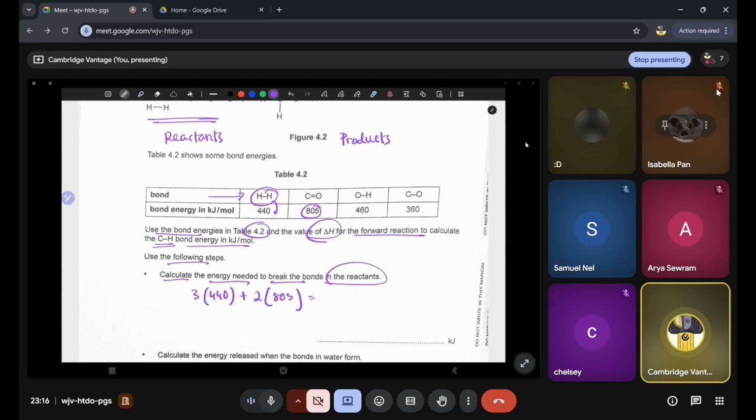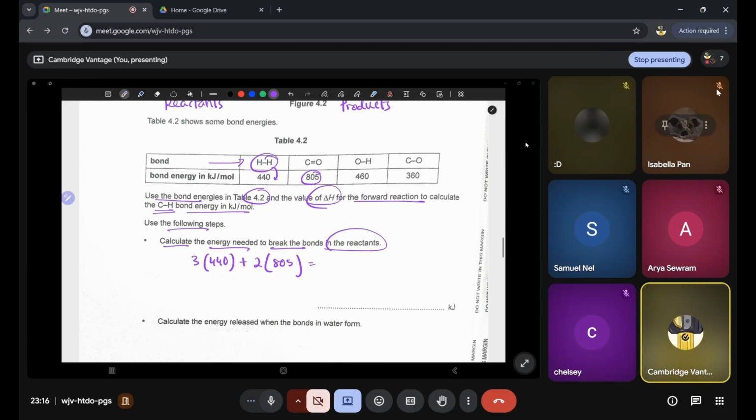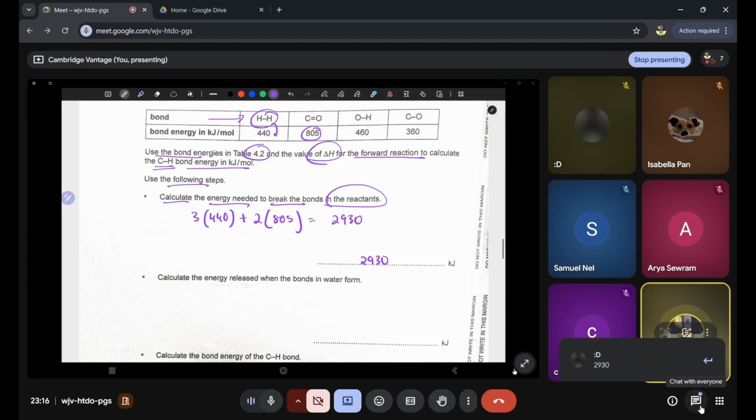Can anyone quickly calculate and let me know what value we get? Yeah, 2930 is correct. So 2930 is the energy that is needed to break the bonds in the reactants.